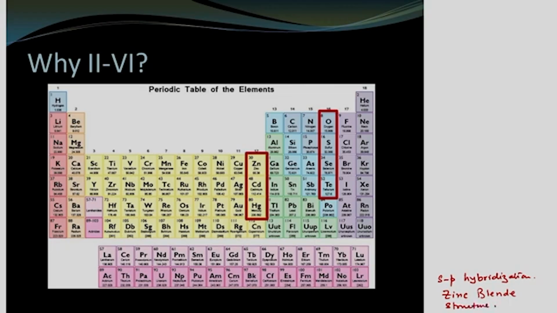Okay, and so they actually belong to the 12 and 16 columns of the periodic table, and you see that there are zinc and cadmium and mercury. These are the important things. These two, cadmium and mercury, are important in this particular context, and either selenium or tellurium. This is important, and this is exactly what we want the heterostructures or the quantum wells to form with.